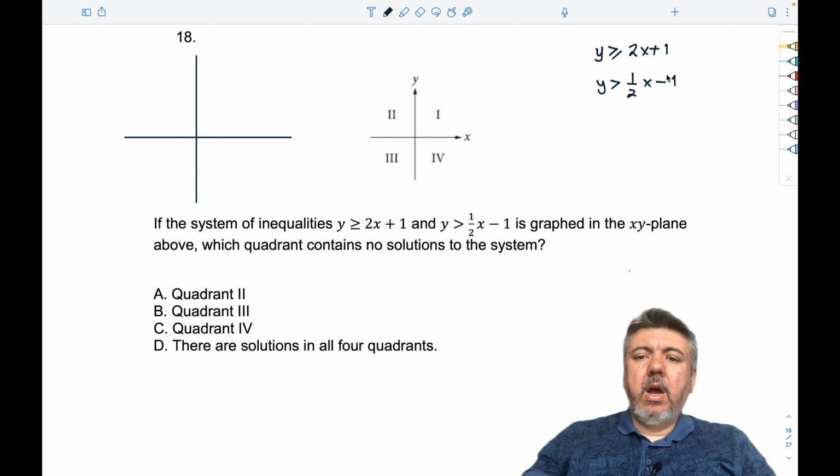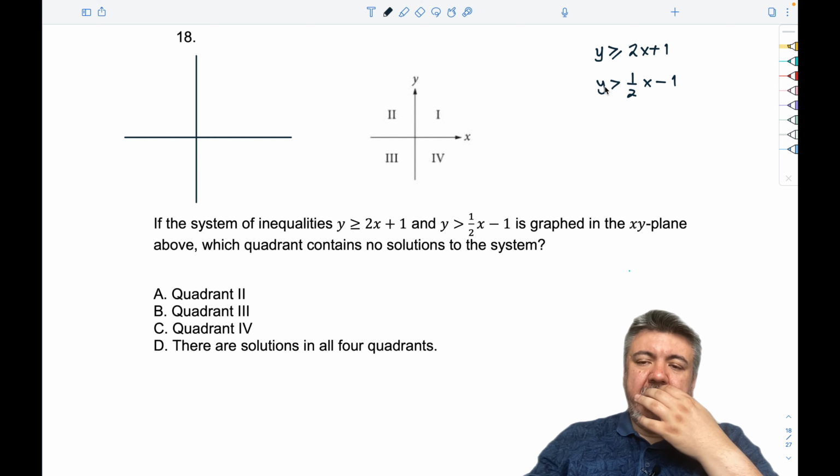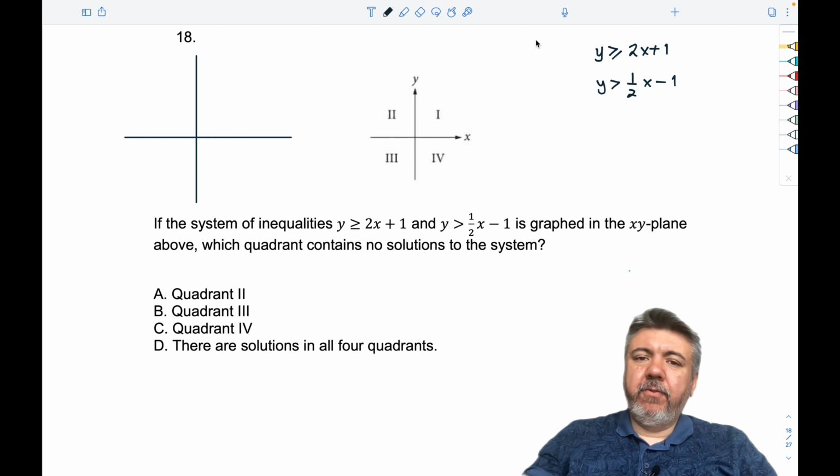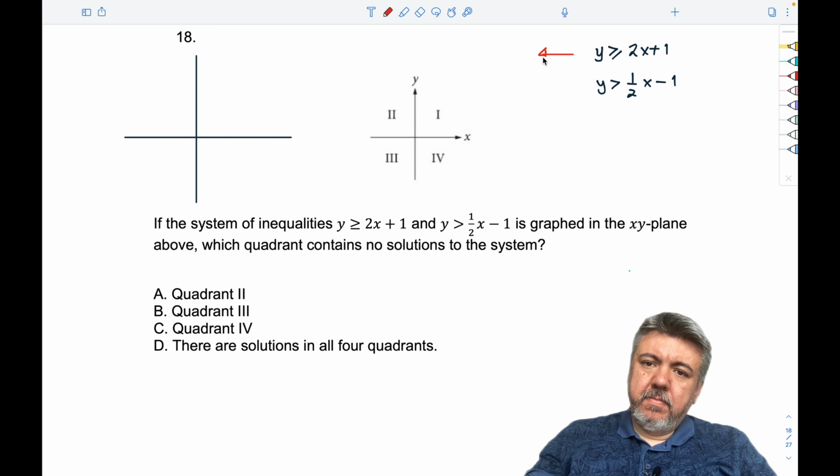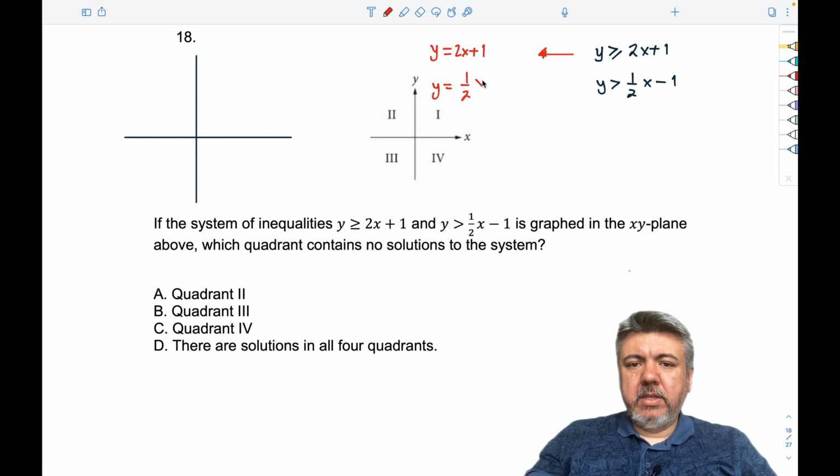I want us to graph these inequalities, but first I will consider them as lines, like this. Y equals 2x plus 1 and y equals 1 over 2x minus 1.